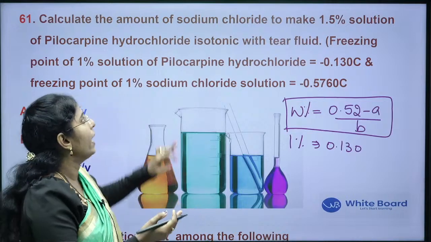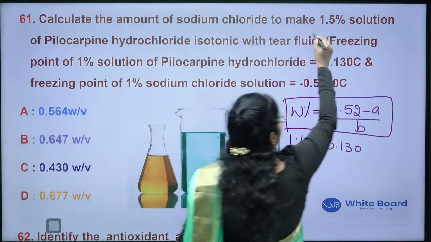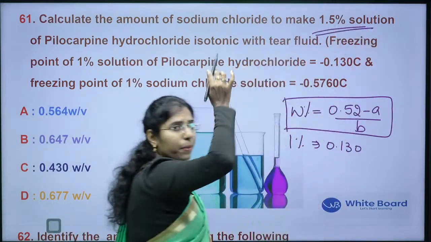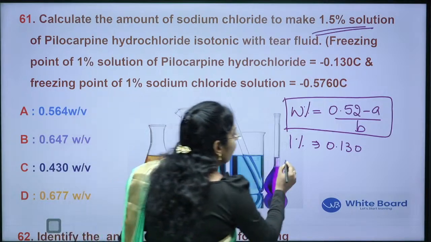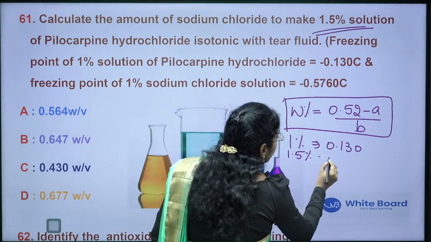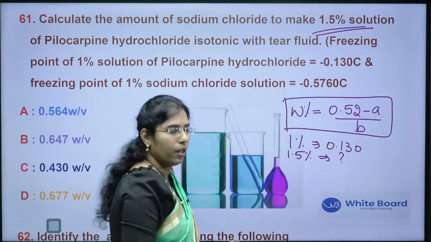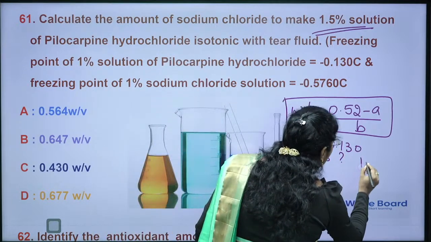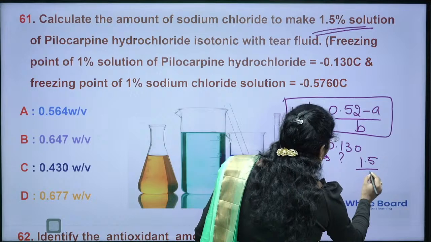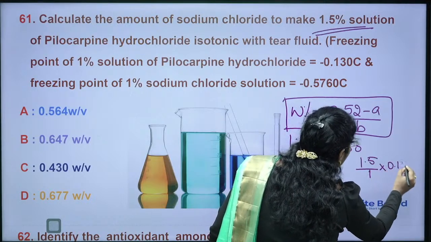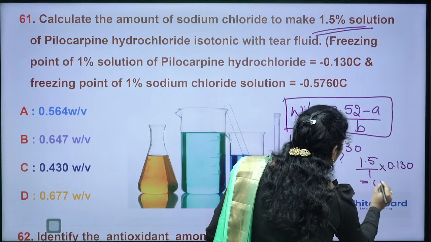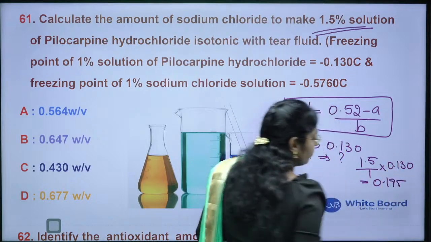Then we need to calculate it for the 1.5% solution. How are we going to calculate? 1.5 by 1 into 0.130, so it will be around 0.195.